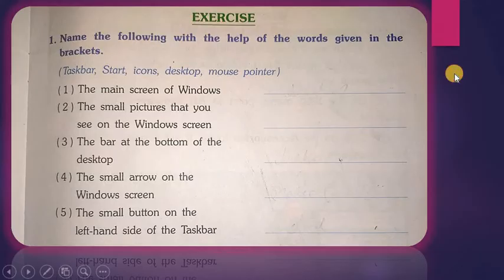Now see another one, read here with me. Name the following with the help of the words given in the brackets. So what we have to do is, the options are given here and we have to choose the name of the following.